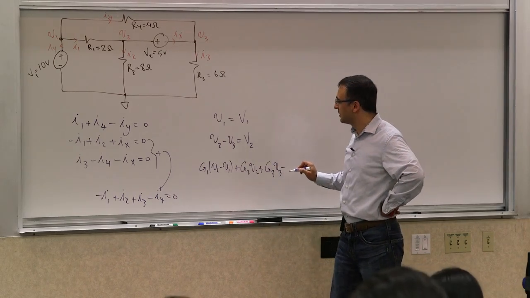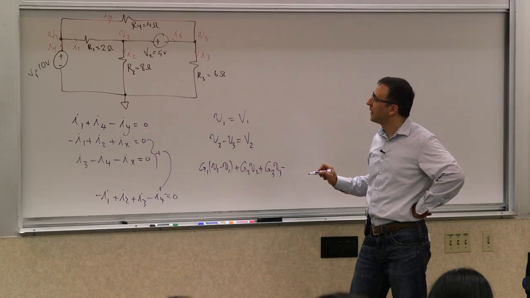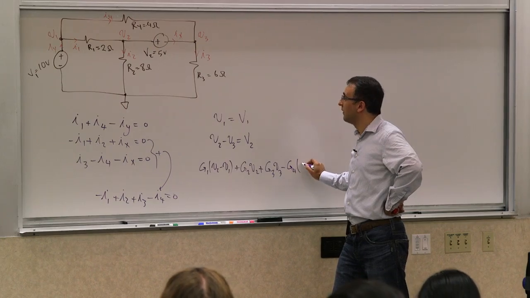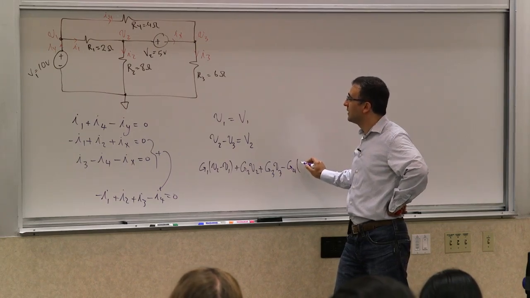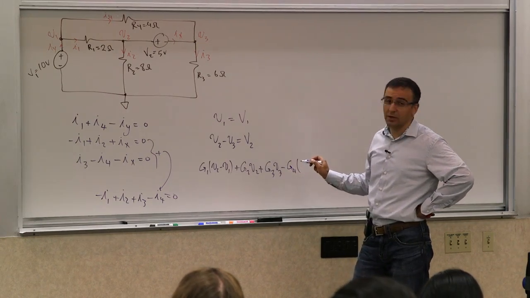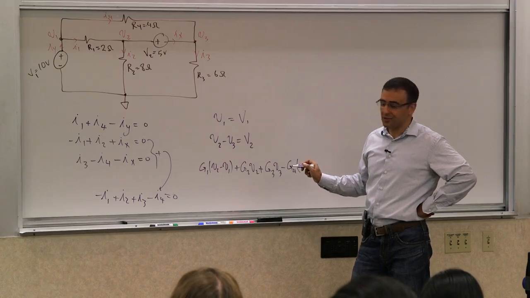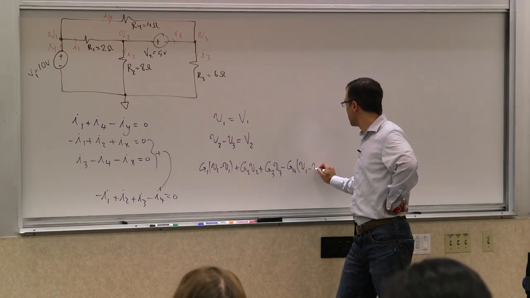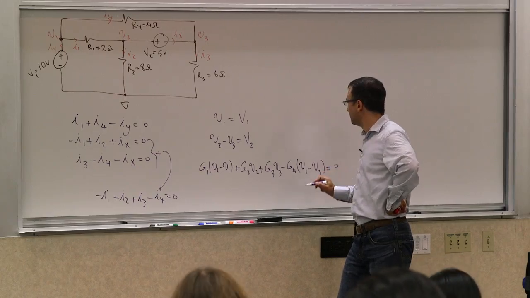And the last term, negative I4, G4 times V3. Well, V3 times minus V1 or V1 minus V3? You have to be careful. V1 minus V3 equals 0.